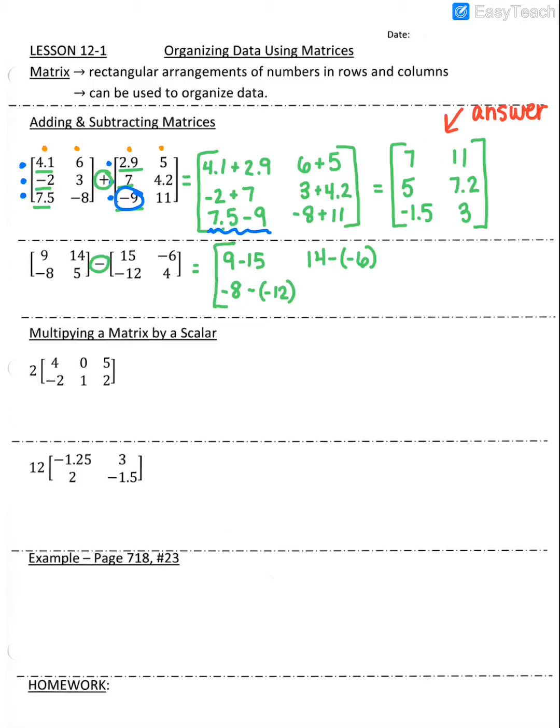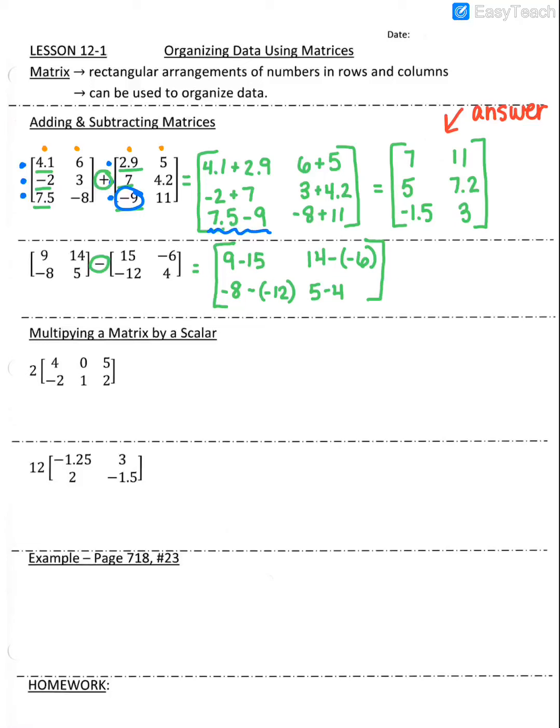And notice if it's subtracting a negative, I'm still leaving that second negative in there on the number. And then we'll have, let me reverse that, we did 9 minus 15, negative 8 minus negative 12, 14 minus negative 6, and then we'll do 5 minus 4. So that's our setup.